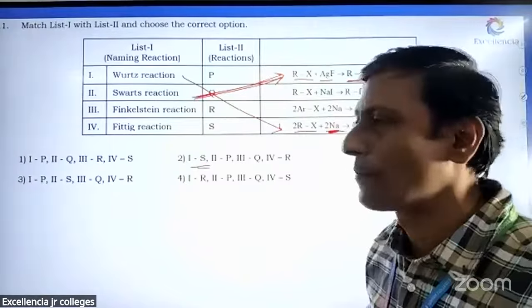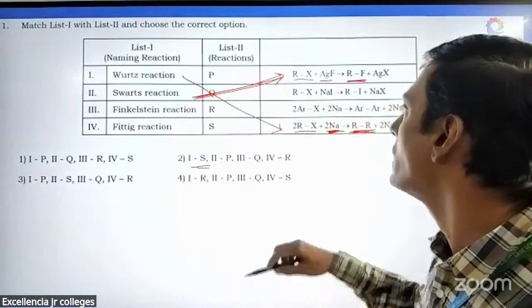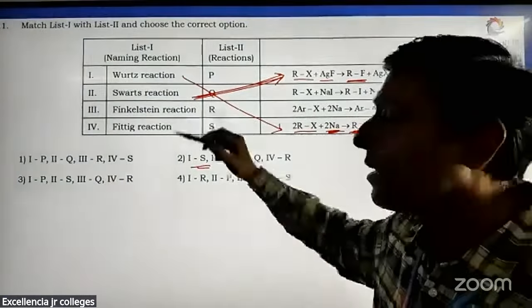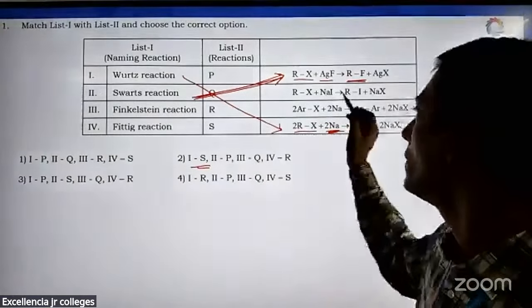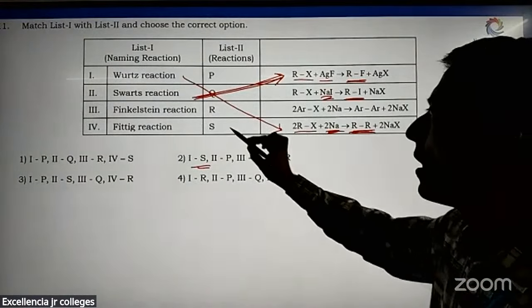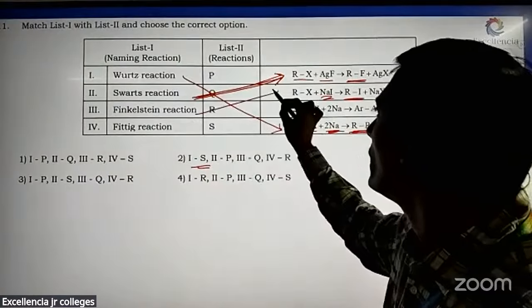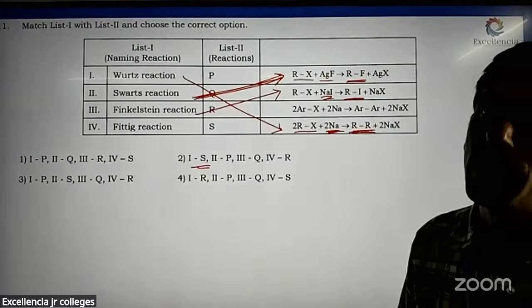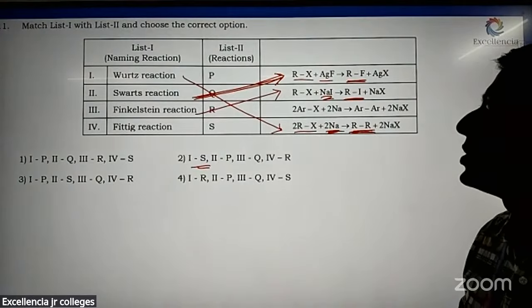Finkelstein is for iodides. Alkyl chlorides and bromides reacted with sodium iodide undergo halogen exchange to form alkyl iodide. So Finkelstein's reaction is used to convert chlorides and bromides to iodides by the halogen exchange method.